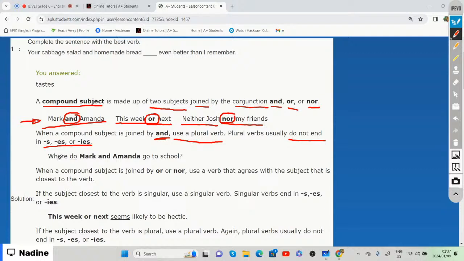For example, where do Mark and Amanda go to school? Not where does Mark and Amanda go to school. Where do Mark and Amanda go to school, because here we have a plural subject, Mark and Amanda.